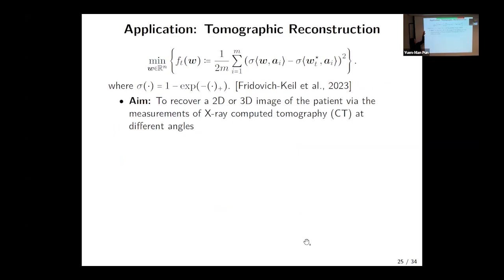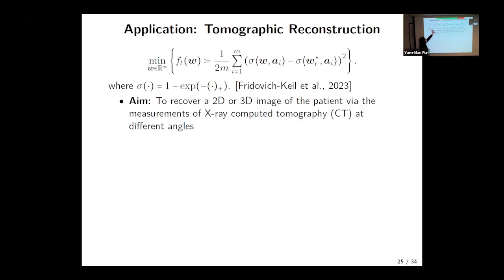And this is the last application, tomographic reconstruction. Again, we have some signal vector a_i here, and the measurements in this form. And we would like to find a W that best fits the output here. So this problem is to recover a 2D or 3D image of the patient using the measurements of X-ray computed tomography at different angles.